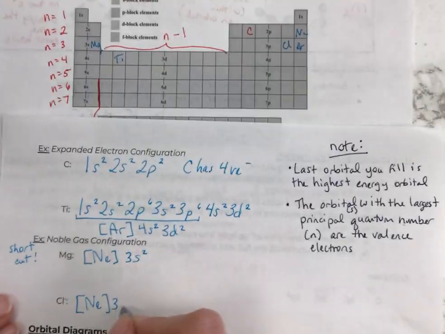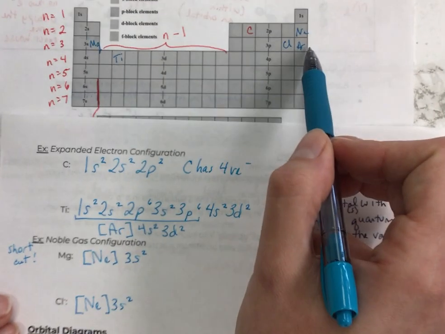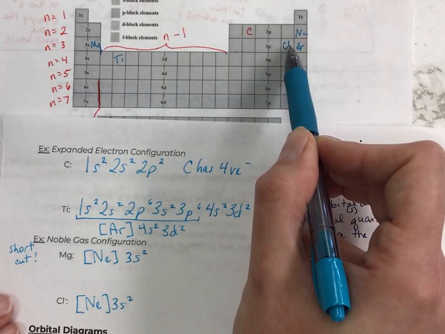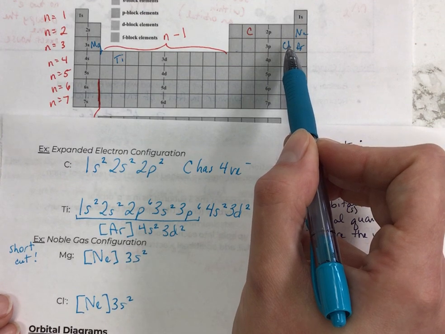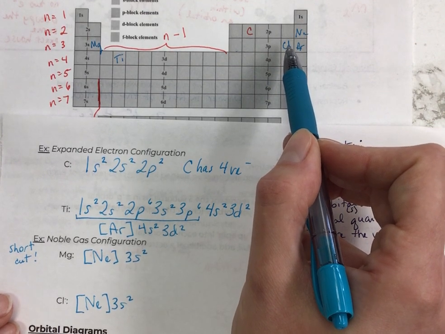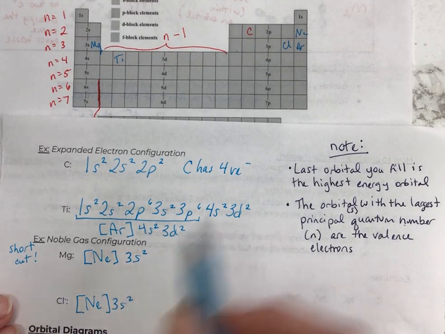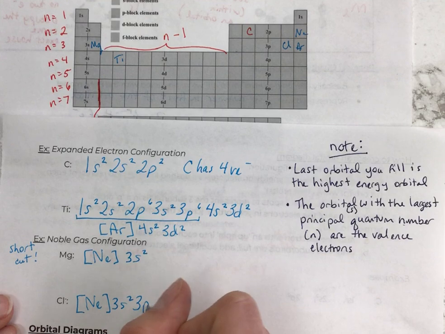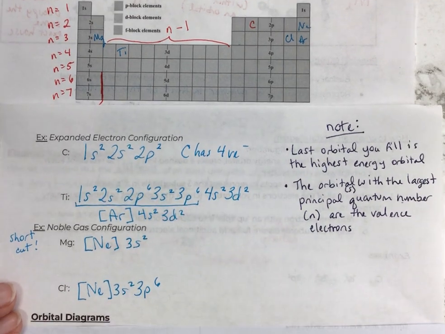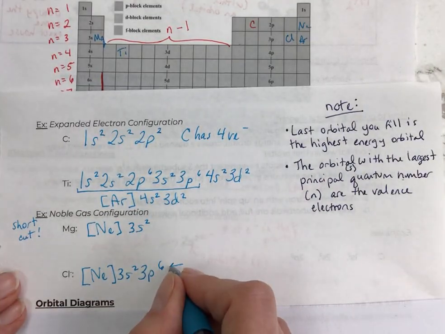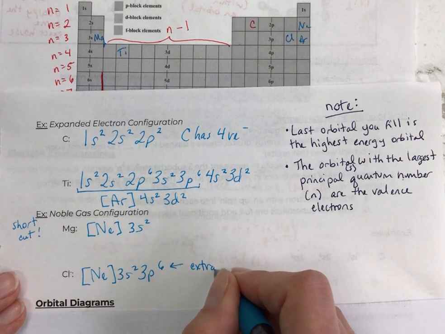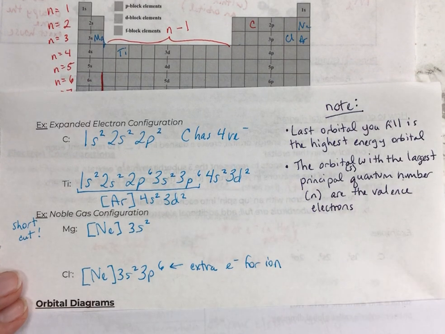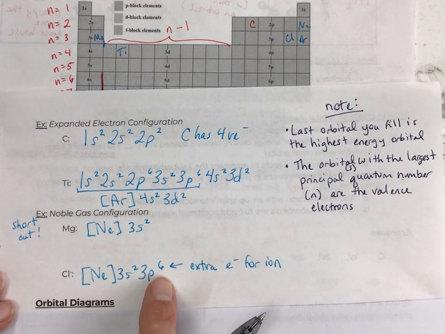So we've got 3s2 and then 3p, but my 3p here would be 5, but that's for non-ionic chlorine. That's for chlorine. Chloride, my extra electron, wouldn't be 3p5. It has an extra electron, 3p6. And let's probably want to add a note for that, right? Extra electron for ion.